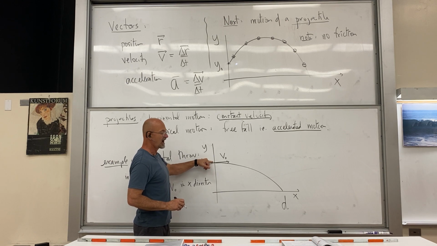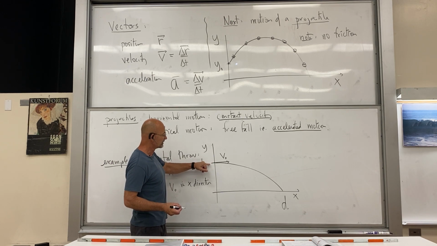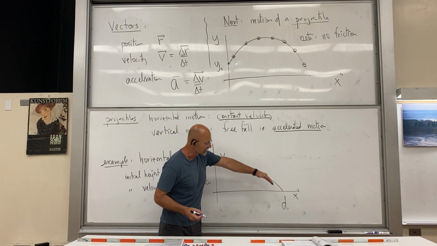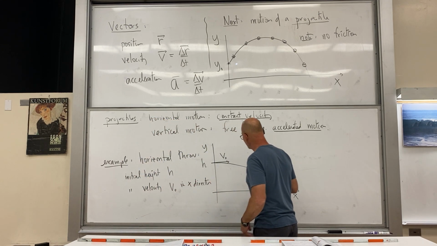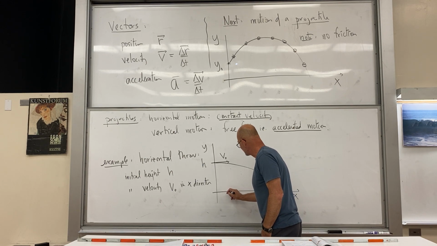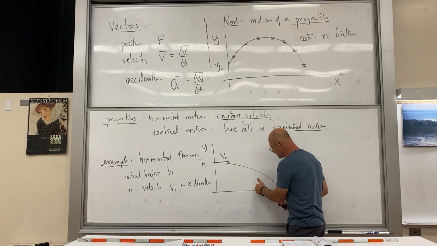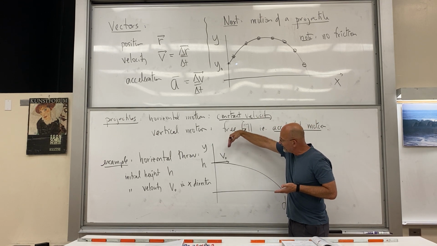So this could be the height of your hand above the ground, or you could be standing on a building. All depends what your choice, but you launch it perfectly horizontally, falls out like this. Now, the velocity in x is uniform, so it goes through equal distances in equal times, but the motion in y is accelerated.